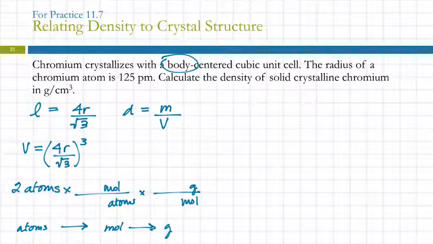So atoms and moles, 1 mole is Avogadro's number of atoms. And the molar mass we get off the periodic table, 51.9961 grams for 1 mole of chromium.